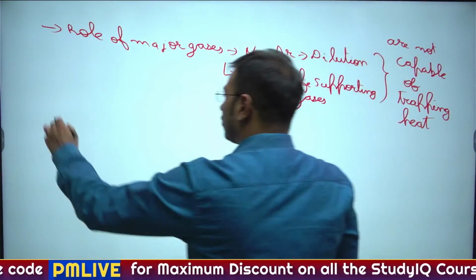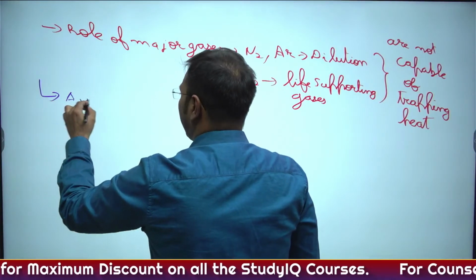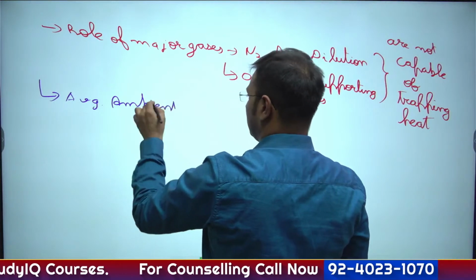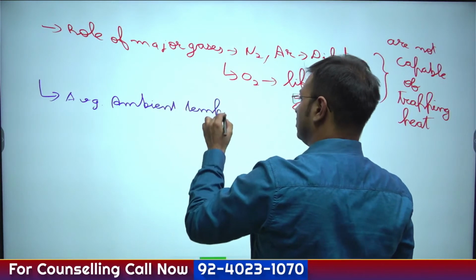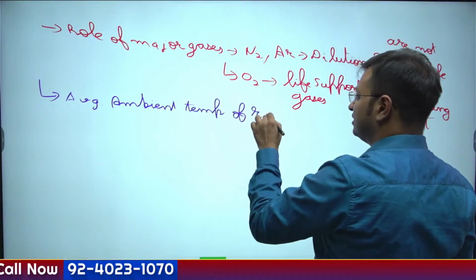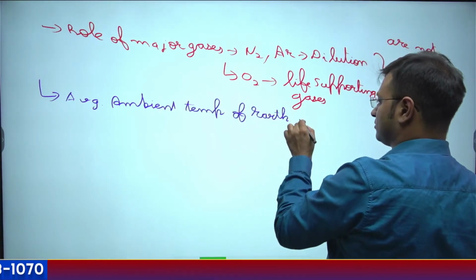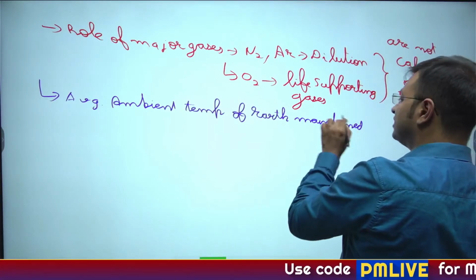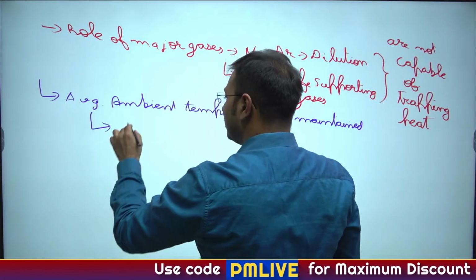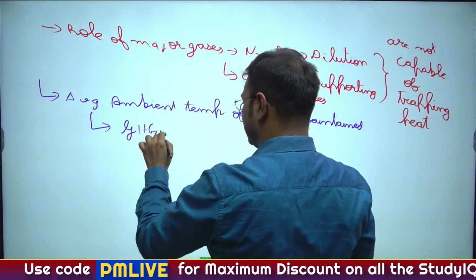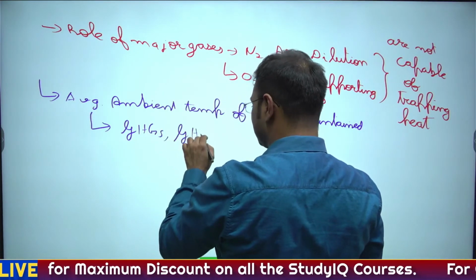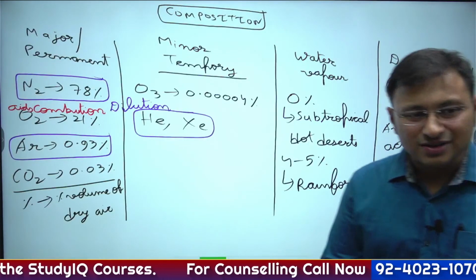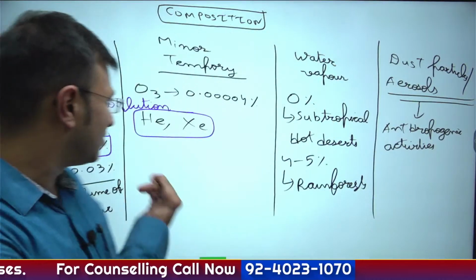So how is the average ambient temperature of earth maintained? The average ambient temperature of the earth is maintained by whom? It is maintained by greenhouse gases. It is maintained by greenhouse substances. Now if you see in this chart, which are the greenhouse gases, which are the greenhouse substances out there?